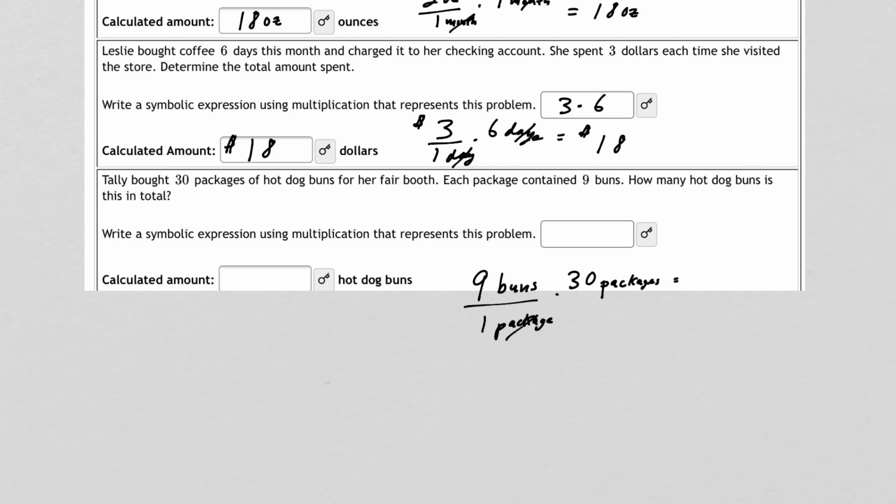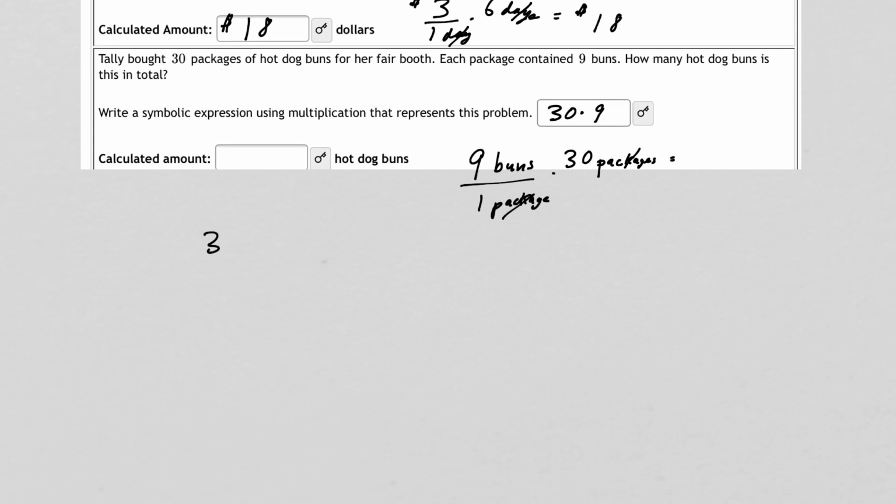So units of package cancel. And if I multiply that, that's got to be the total number of buns, right? So I need to do 30 times 9. That's going to be my answer for this part, right? 9 times 30 or 30 times 9. And if I do this out, this is 0 and then 27. So it looks like 270 hot dog buns.